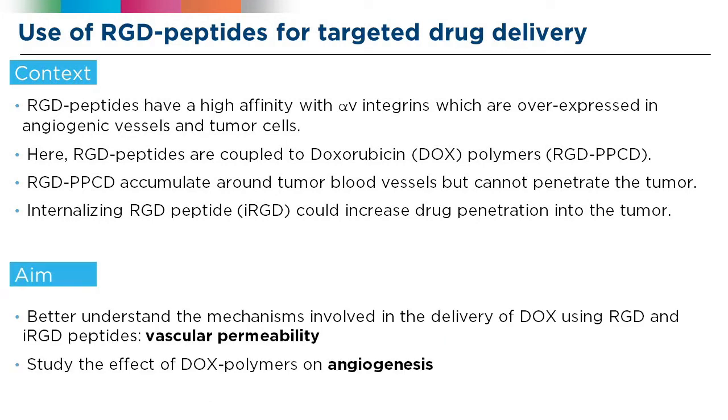So the aim of the study is to better understand the mechanisms that are involved in the delivery of doxorubicin using RGD and IRGD peptides, and to study the effect of those doxorubicin polymers on angiogenesis.